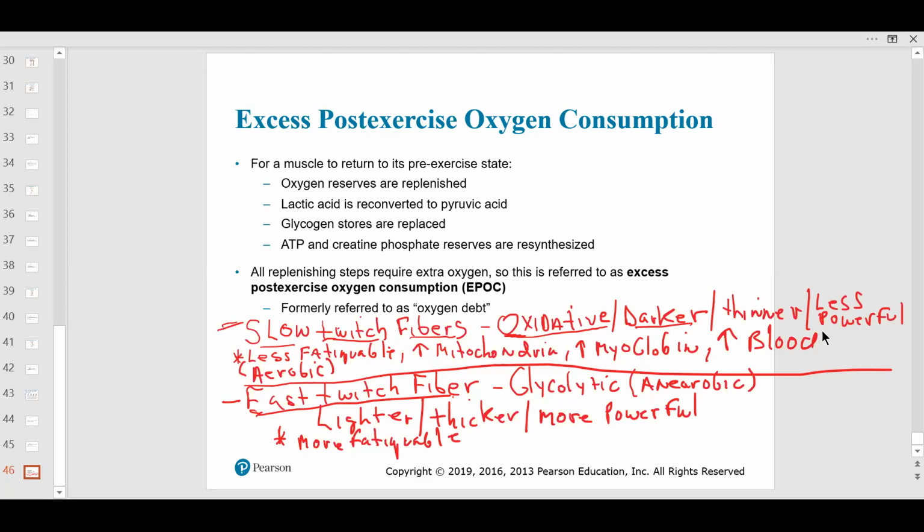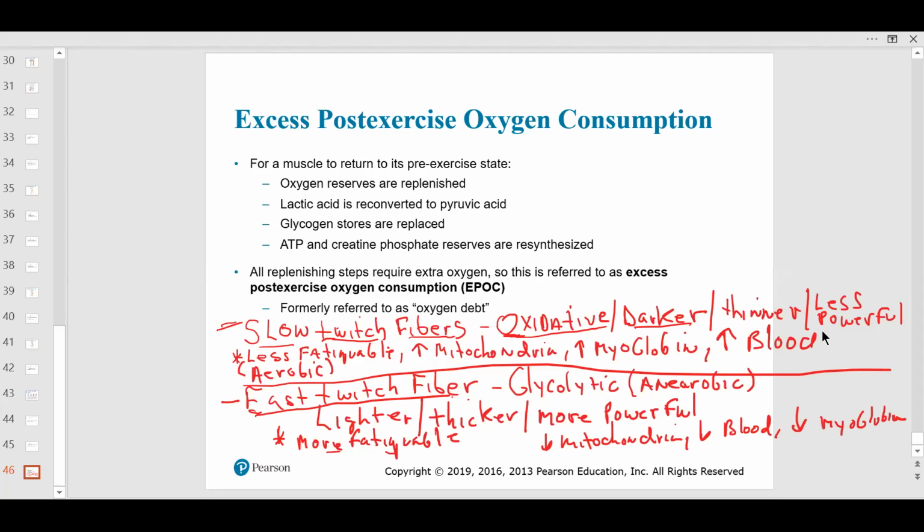Because look, it has more fatigable fibers. It has less mitochondria, less blood, and less myoglobin. So for oxidative, this is more for your marathon running, your cross country.